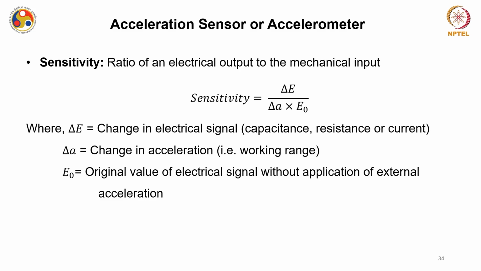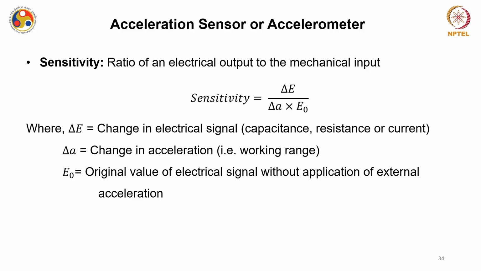The first criterion we'll see is sensitivity, because this is important for any kind of accelerometer. The sensitivity of an accelerometer is defined as the ratio of an electrical output to mechanical input.